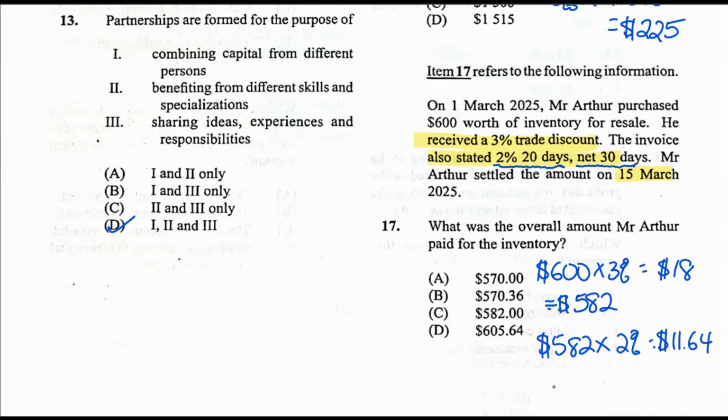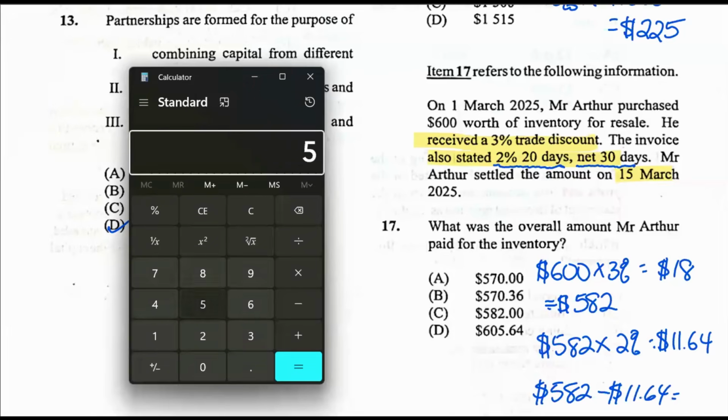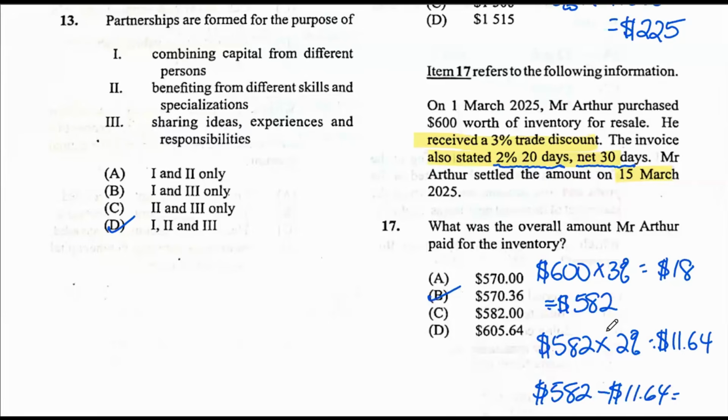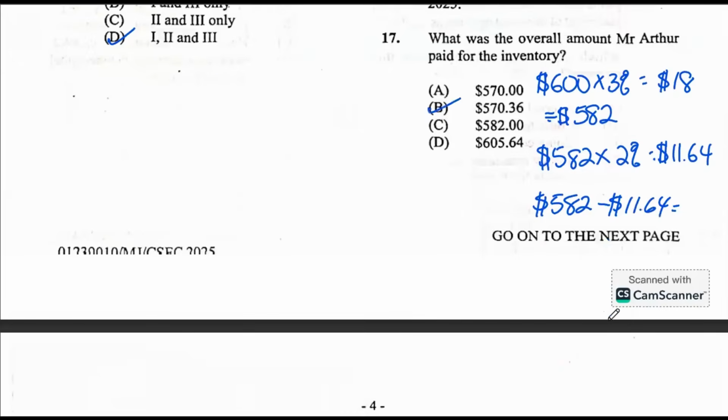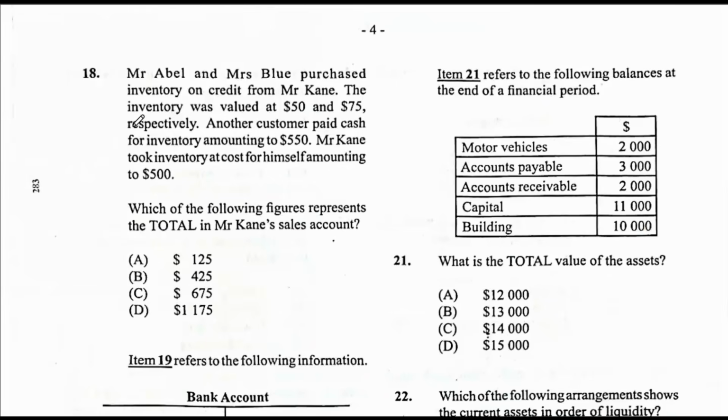Therefore, the final amount that he would have had to pay would have been 582 minus 11.64, and his total would have been $570.36. There we go, guys. Nicely done. We got through there. Great. Time for us to move on to question 18.